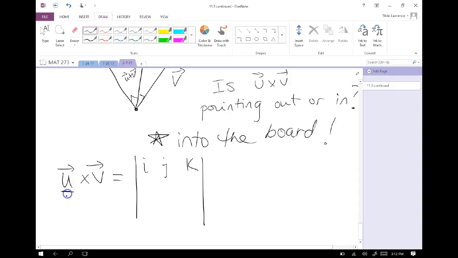Whatever vector is first in your cross product, its components go in the next row. And then whatever vector is second goes in the last row.